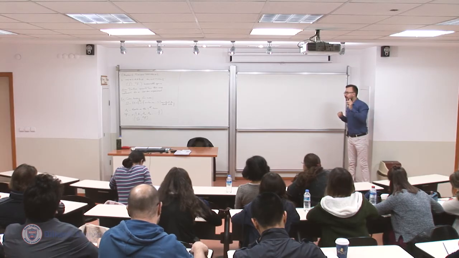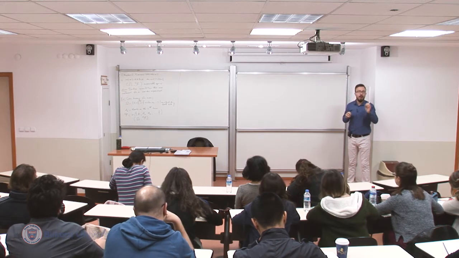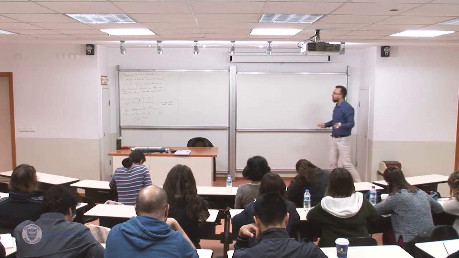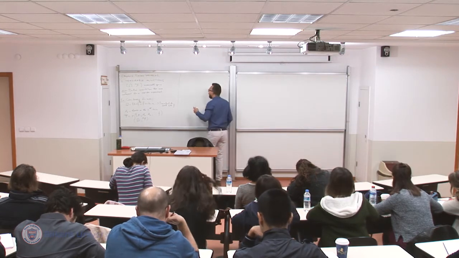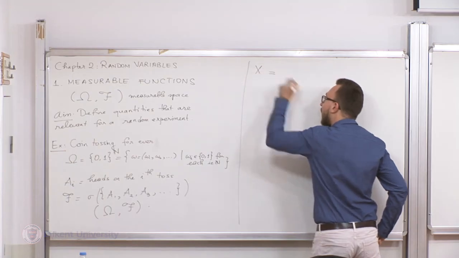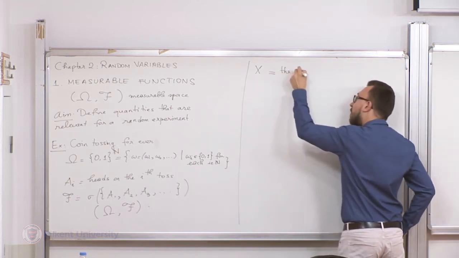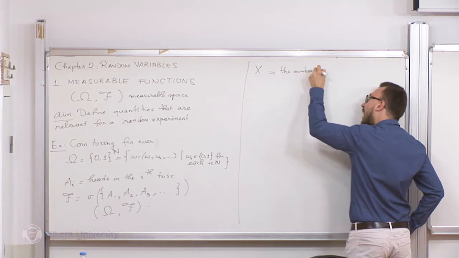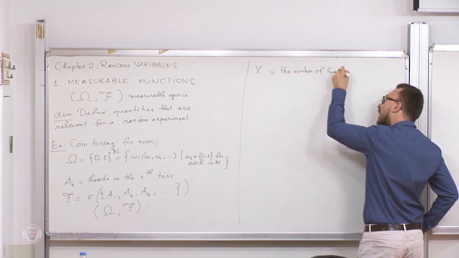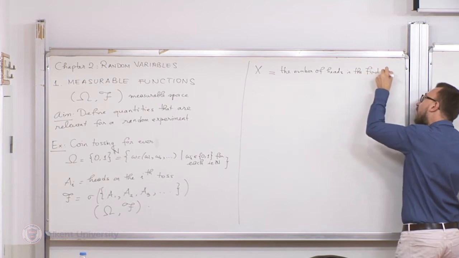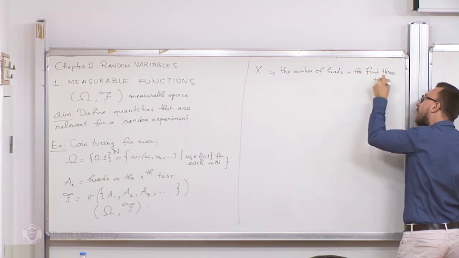So everybody needs to define his or her own relevant quantities, okay? So maybe one relevant quantity, let me define it as X. So the number of heads in the first 3 tosses.